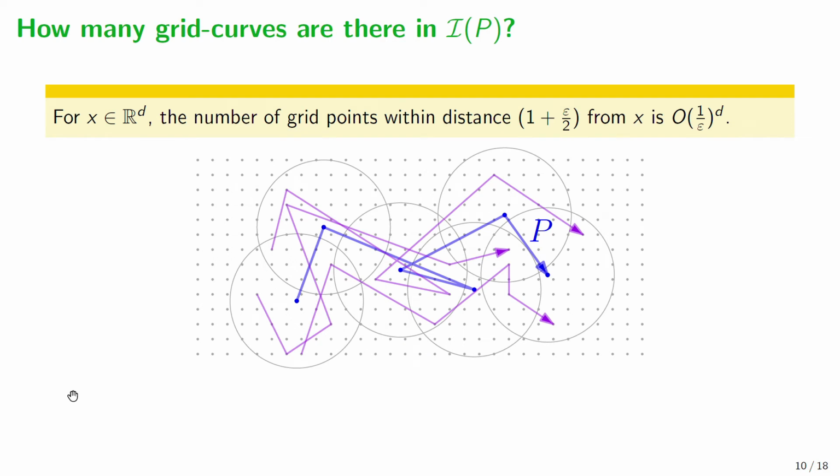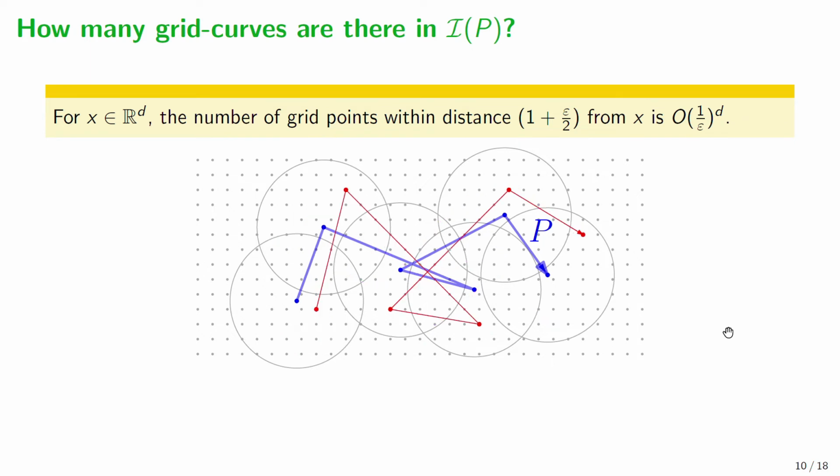But how many grid curves are there in I of P? The number of grid points in a ball of radius 1 plus epsilon over 2 is order of 1 over epsilon to the d. And again, the points of our grid curves are contained in this sequence of balls of radius 1 plus epsilon over 2 around the points of P. But there can be many different options to choose the points of a grid curve that has this distance to P. Some curves can have many points in the first ball.